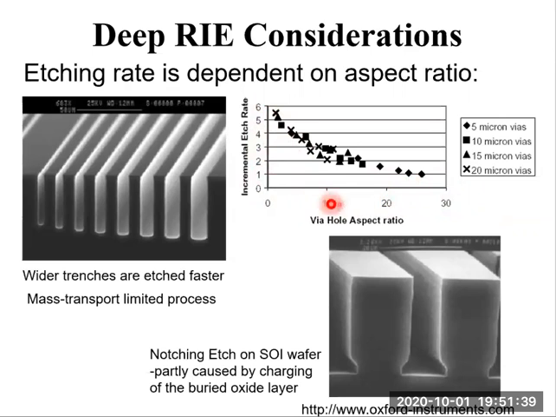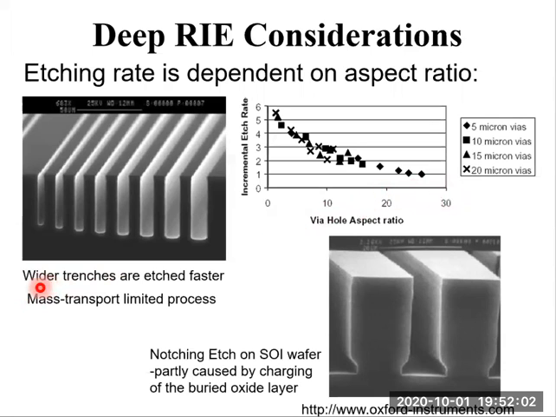From this figure, we can observe that the etch rate decreases as the aspect ratio increases. And this is because of the dependence on aspect ratio.